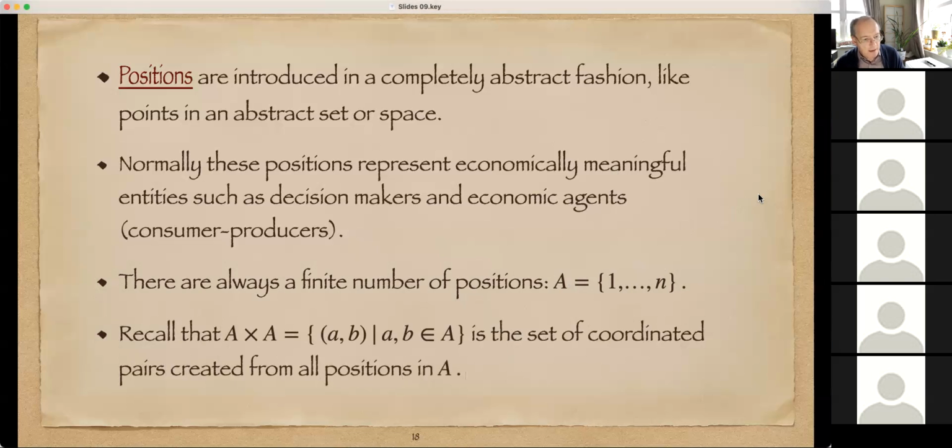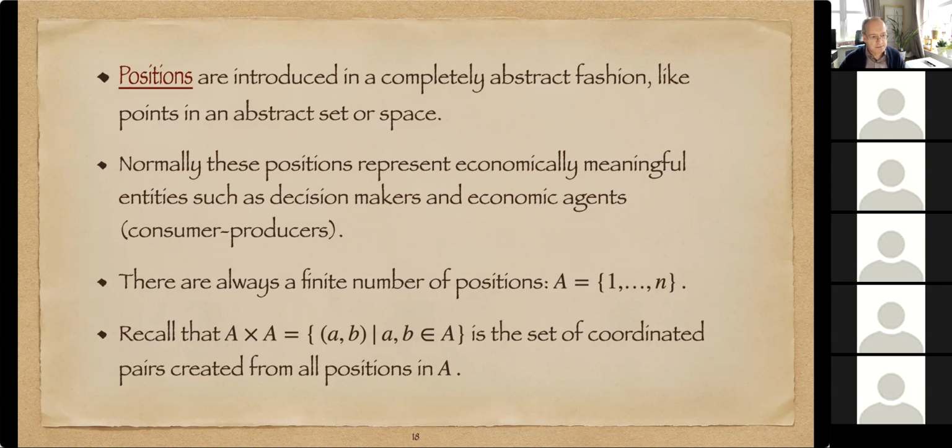Okay. I referred to the mathematical tutorial that for the next discussion, A times A is very important. So A times A refers to the coordinated pairs (a, b). And there's an ordering in the pairs, right? So a is first and b is second.